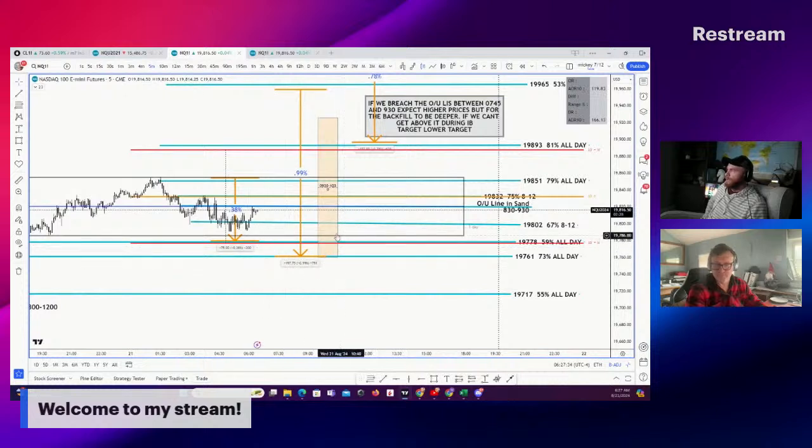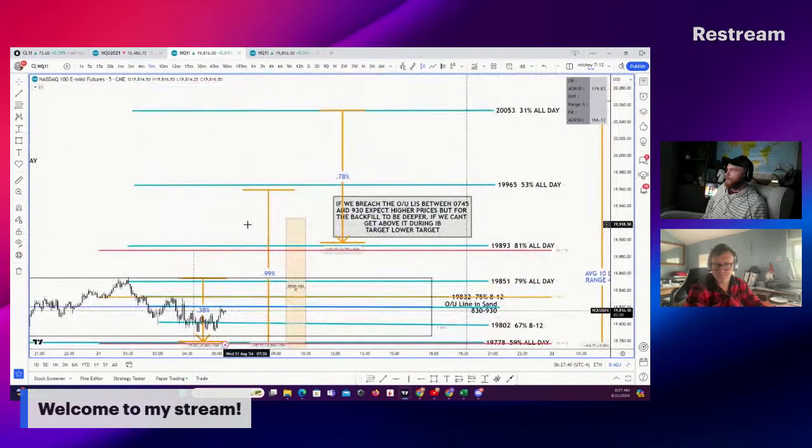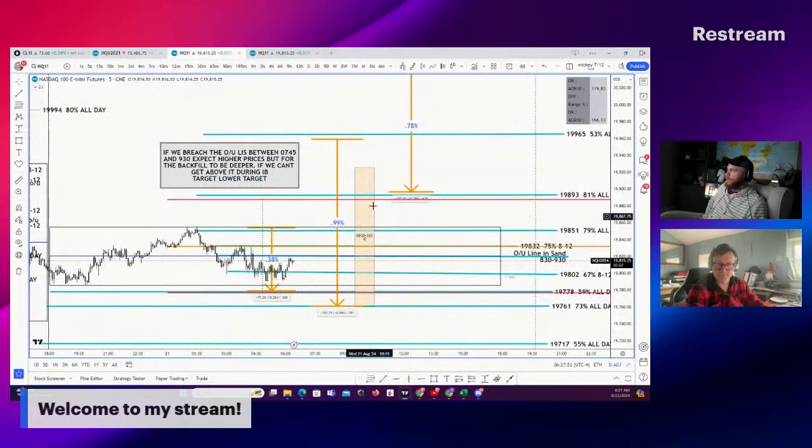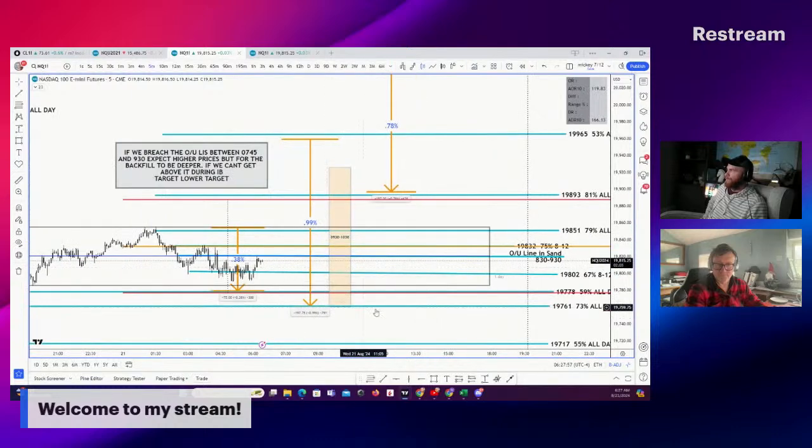So we can expect the 9:30 and 10:30 to be netted somewhere in this area, and for the high of the day and the close to be somewhere up here. And knowing that FOMC minutes is still in play, we can expect this distribution more to happen in the afternoon than in the morning anyway.